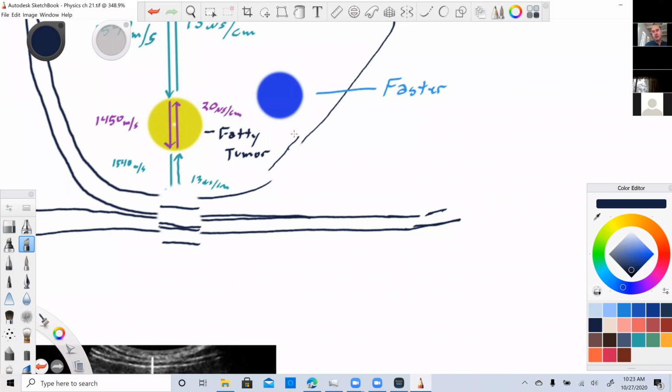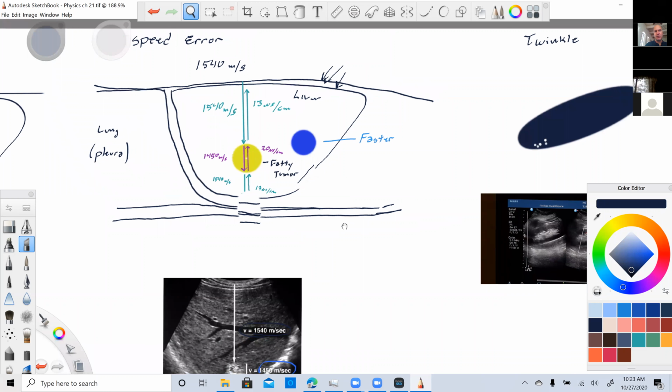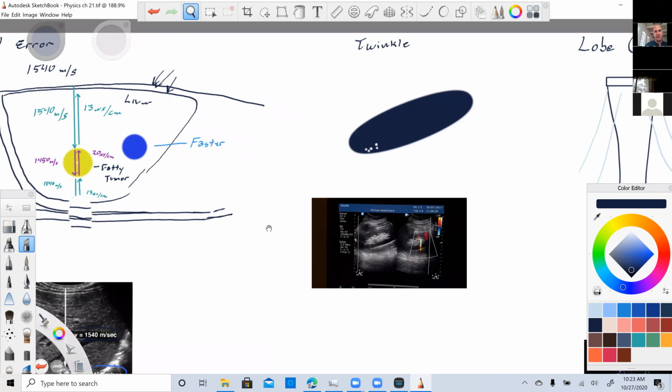And therefore, obviously, according to the machine, these echoes must be closer to the transducer. Like I said, though, I don't know that I've ever seen that. It always seems to be slower rather than faster.